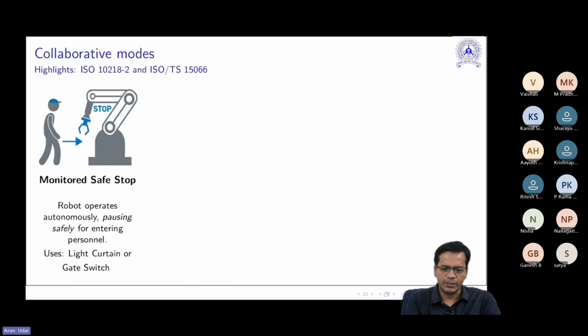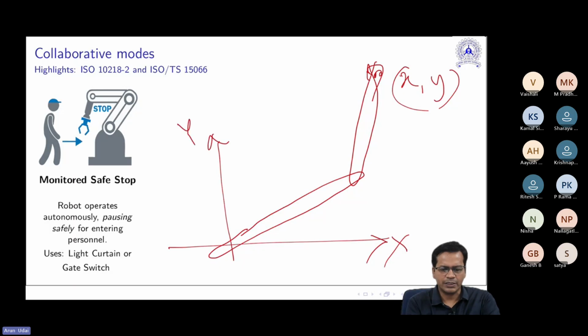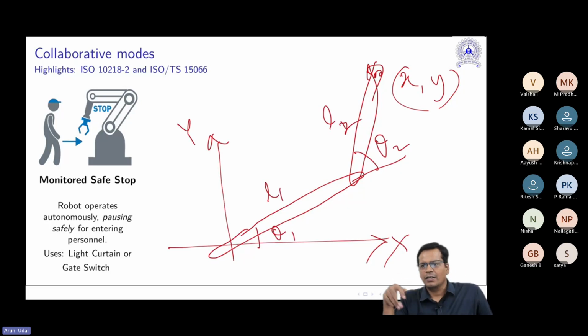Let's say you have a first link which goes like this, and a second link that comes like this. Essentially, you are controlling the end effector position XY. So what you have to do is control this angle theta 1 and this angle theta 2. This is L1, this is L2. So simple it is. Just a two-link arm you can create.